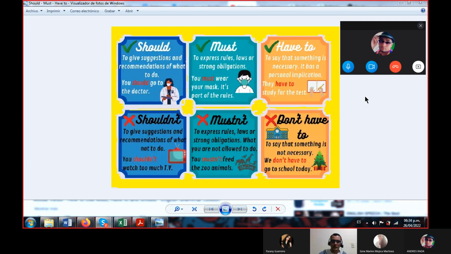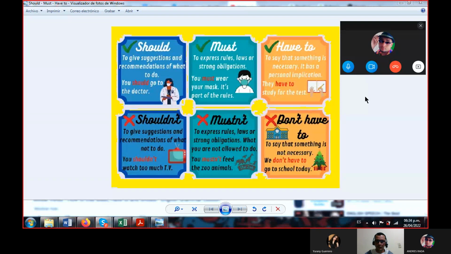Tell us. The modal verb is can, used for ability. Okay, but must. Please. Must, yes, must. Tell us.